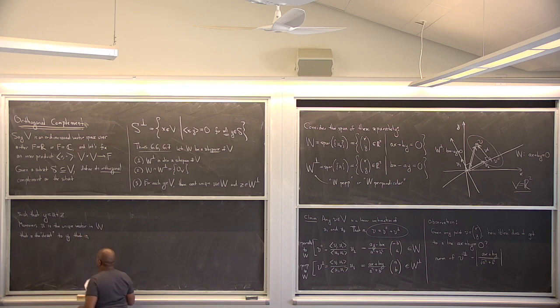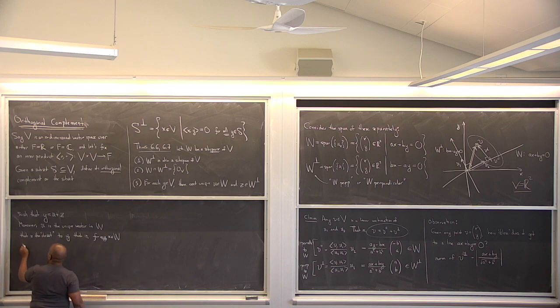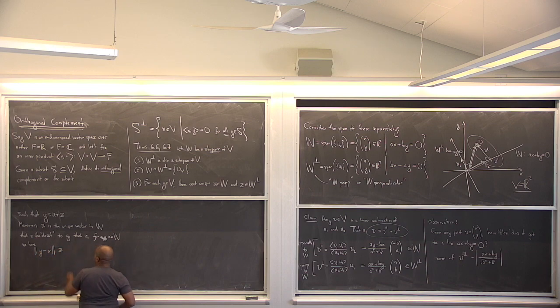Really what I mean by that is this. For any x in W, we have the following inequality. So the distance from x to y is greater than or equal to the distance from y to u.